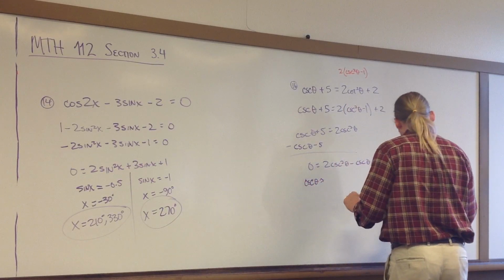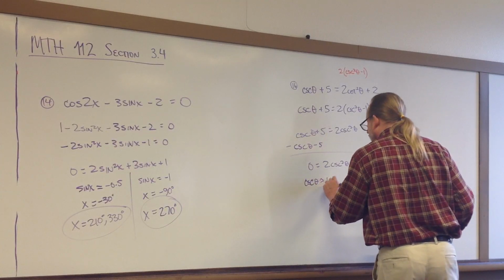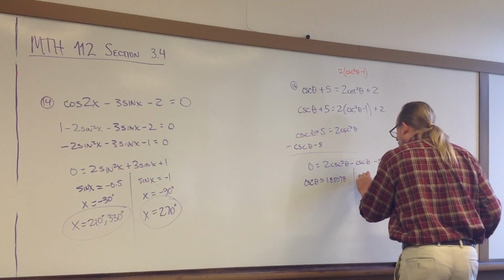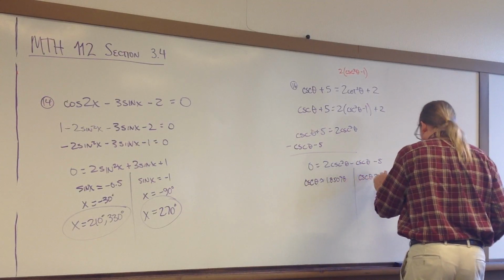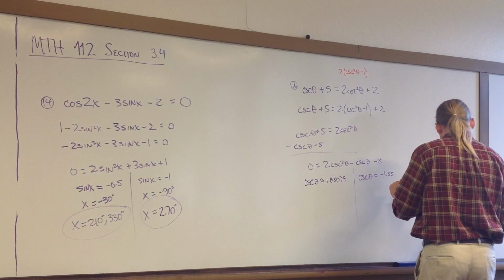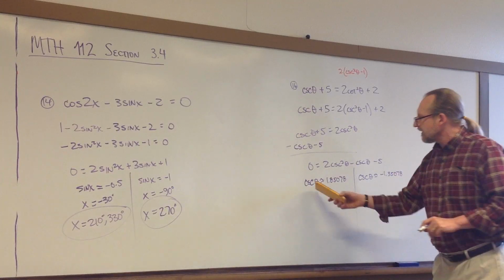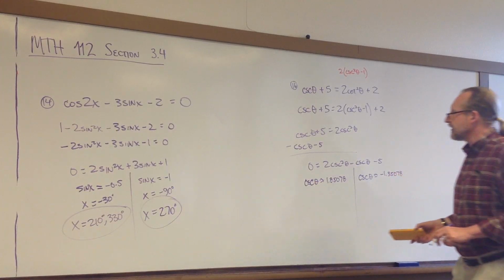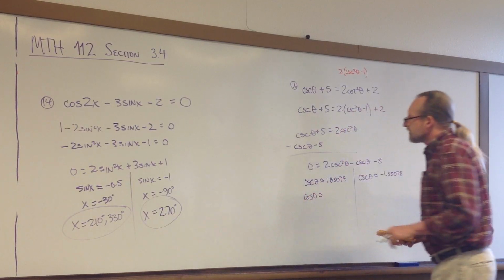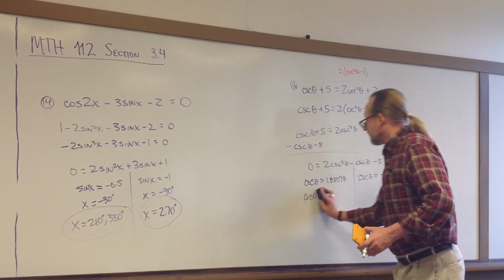Cosecant theta, approximately 1.85078, or cosecant theta could be negative 1.35078. Okay, so again, we're working with a reciprocal function, so we want to consider what the reciprocal is. The reciprocal of the cosecant is the sine function.